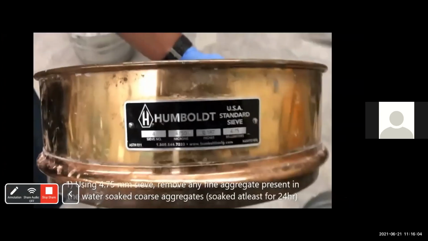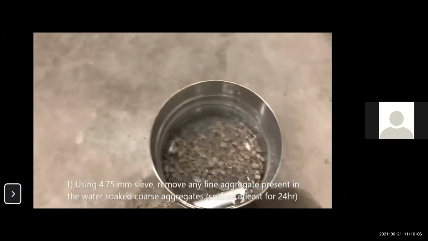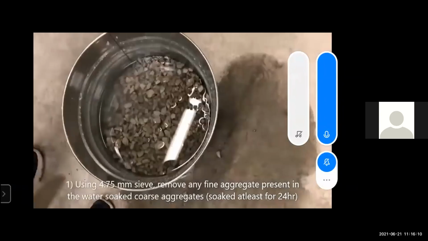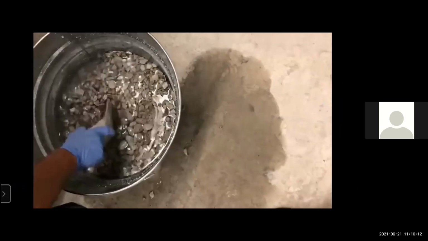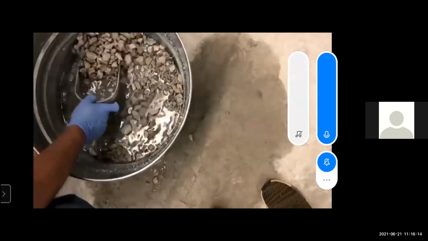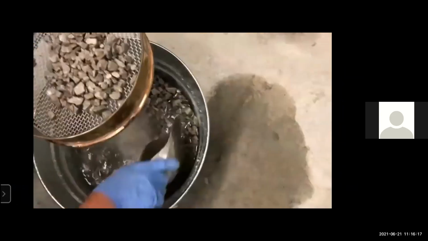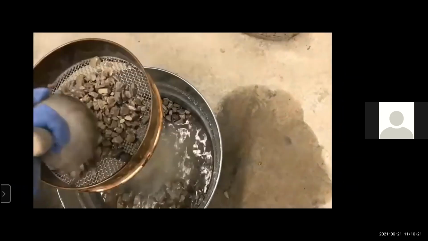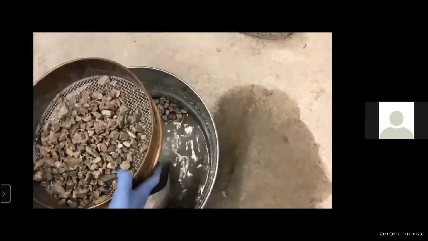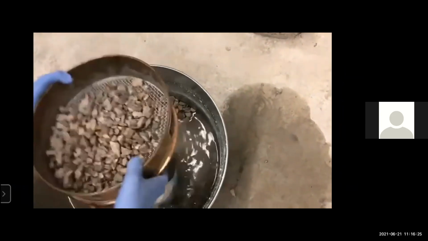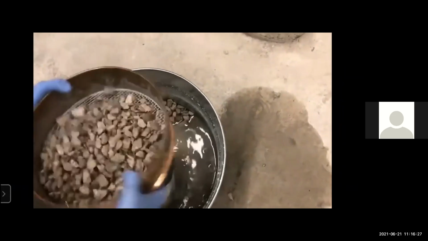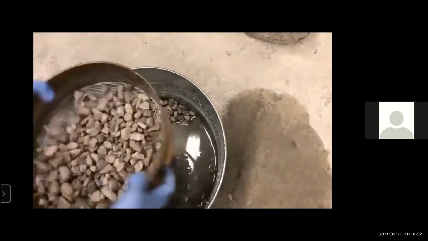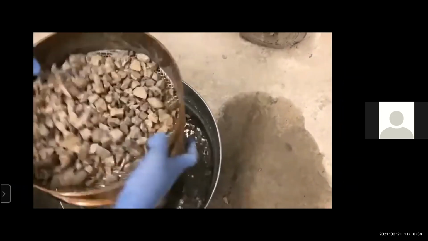Here we use a 4.75 mm sieve to remove any fine aggregate present in the water-soaked coarse aggregate. Now here if you see, we take all the aggregates from this bucket and then remove all the dust particles from our aggregate.